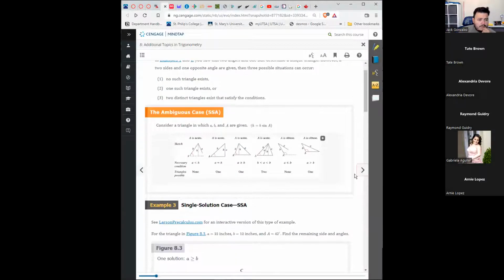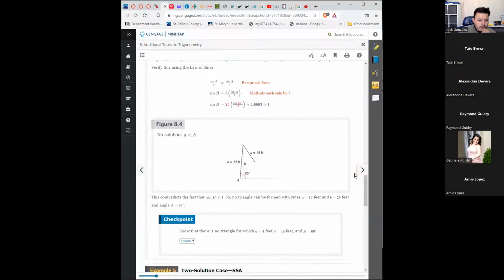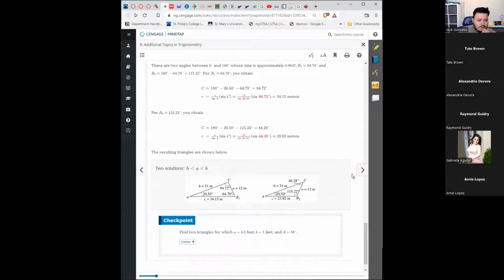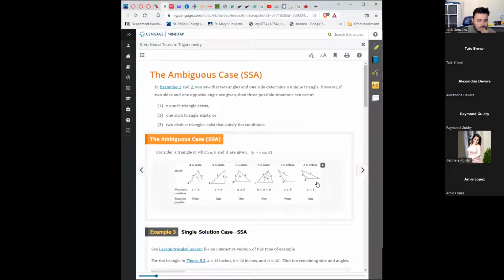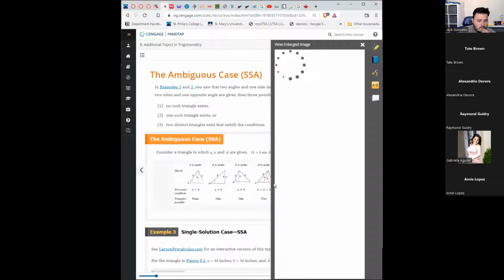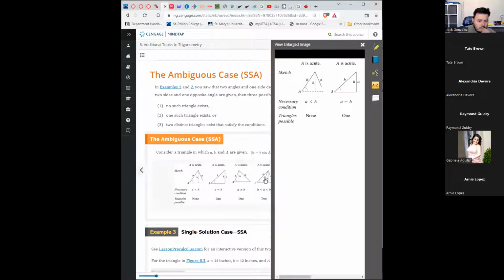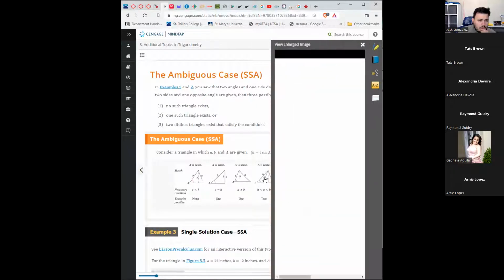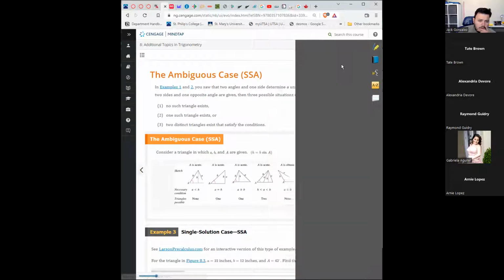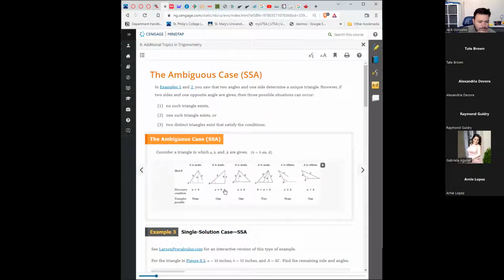The ambiguous case, here we go. Find a nice picture. I think it's just this one. Okay, where is it? Here. Okay, can you see when I open up the picture?